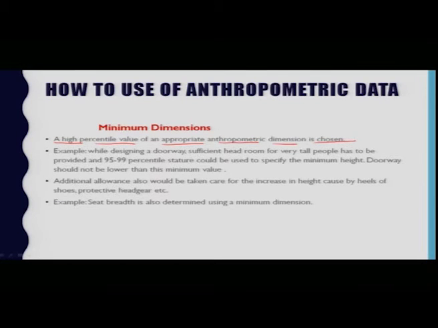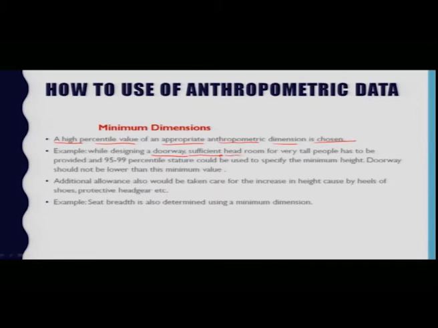Let us have an example of a doorway. Everybody is sitting in a room, and that room has a doorway. Suppose you have been given a task to design a doorway, so what could be the possible measurement and what could be the possible criteria that you need to take care of.